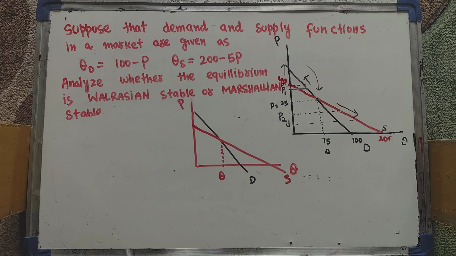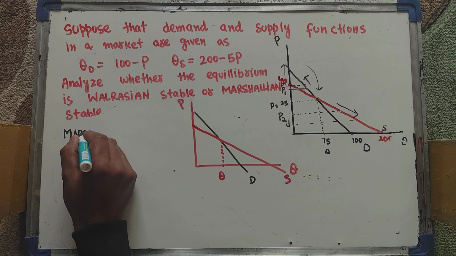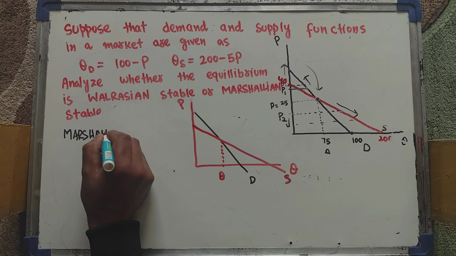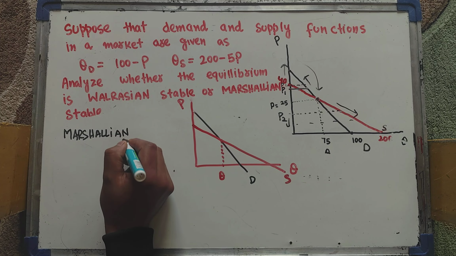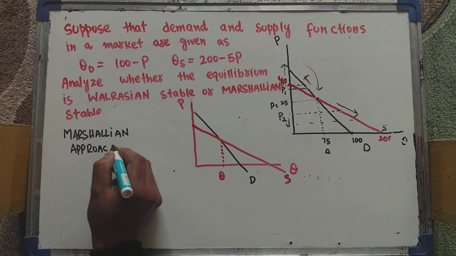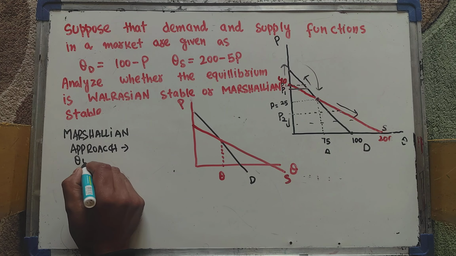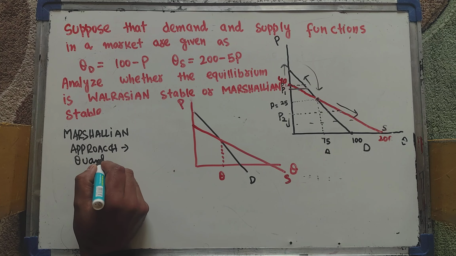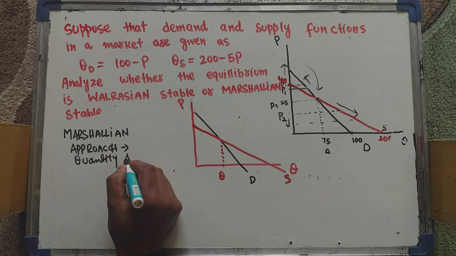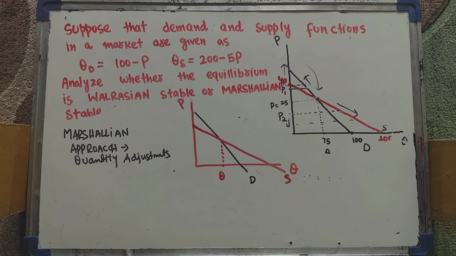Now let us take the Marshallian approach. The Marshallian approach works through quantity adjustment. So again take this example.